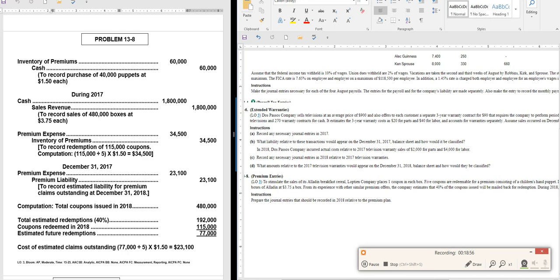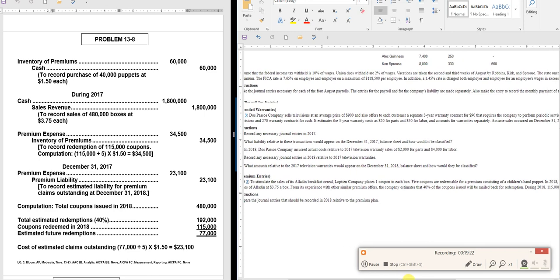Now I have to estimate how much I'm going to have collected. From its experience with other similar premium offers, the company estimates that 40% of the coupons issued, so remember it's 1 per box at 480,000 boxes, and only 40% of those will be mailed back for redemption during 2018.